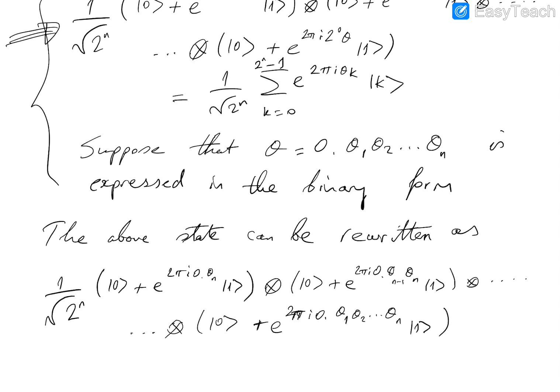Okay, so if we apply the inverse of the quantum Fourier transform on this state, and if we measure the first register in the end, then the resultant state will give us an approximation to theta.